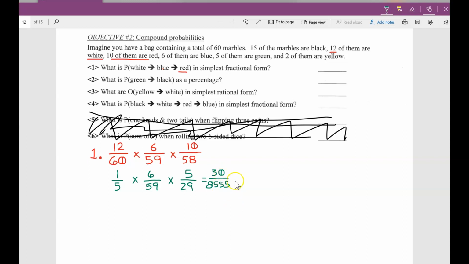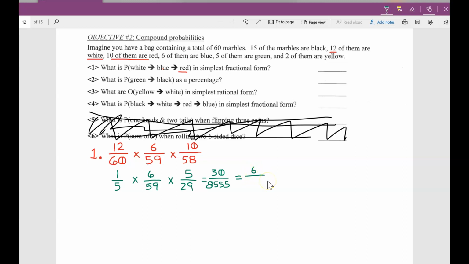Now, can this be simplified any further? Think back to 6th grade. There's a rule that we learned. Any number that ends in 5 or 0 must be divisible by 5. So 30 divided by 5 is going to give us 6.